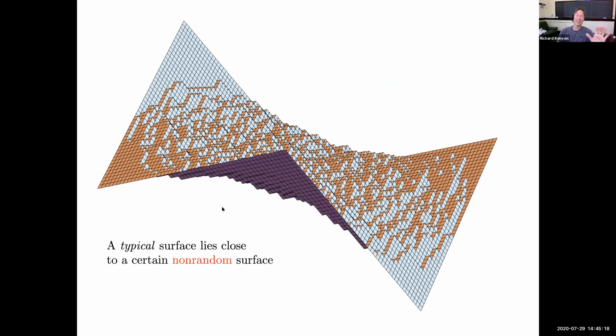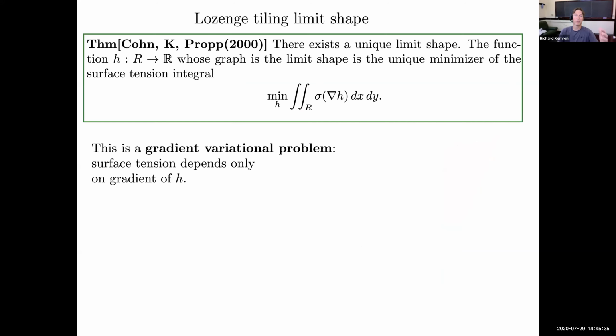Okay, so just to summarize here, in a typical surface, if I draw this thing in 3D and tilt it on the side, you can see that even though the surface is random, a typical surface does lie near this limit surface. And what I've been alluding to is this theorem from 2000, by Henry Cohn, Jim Propp, and myself.